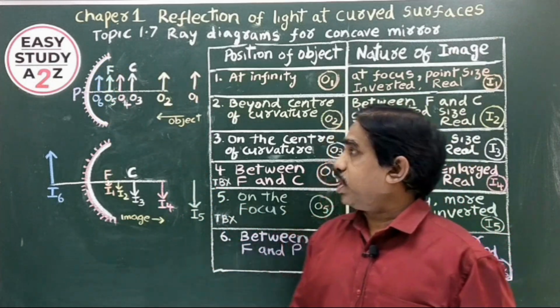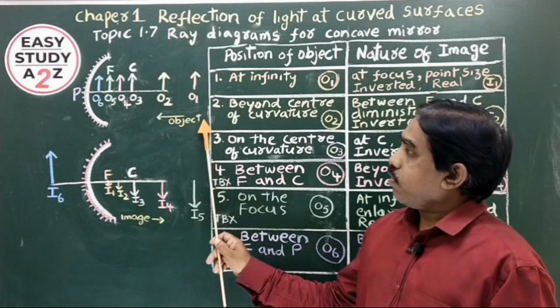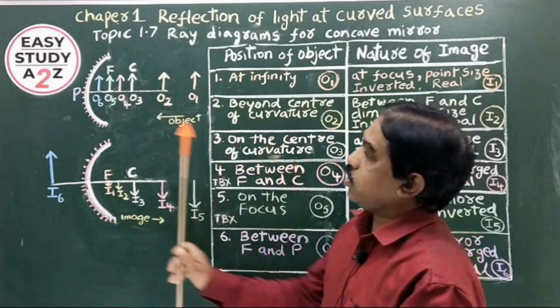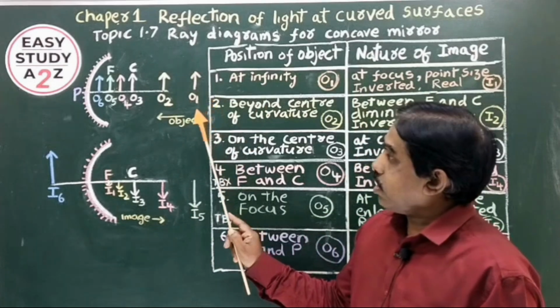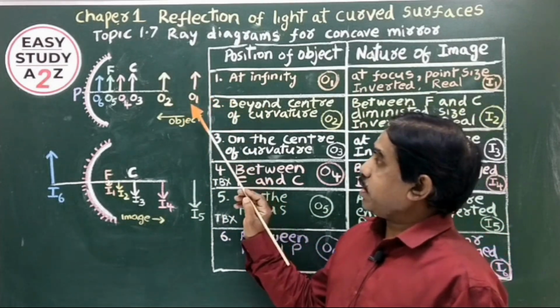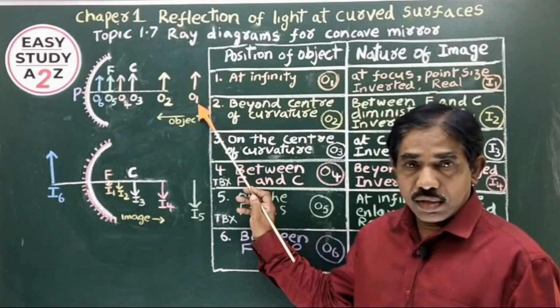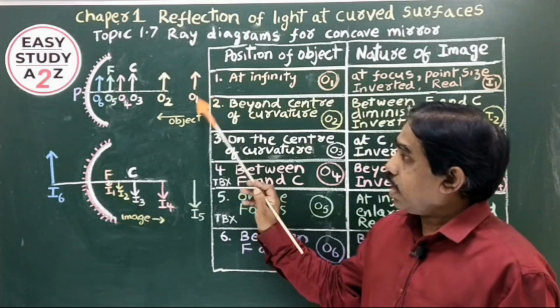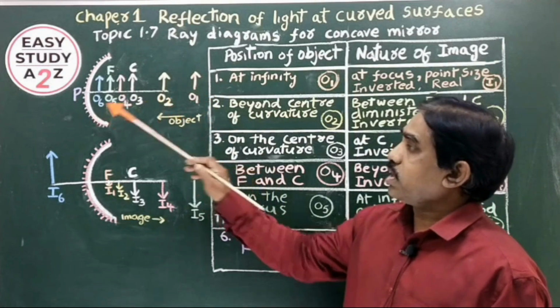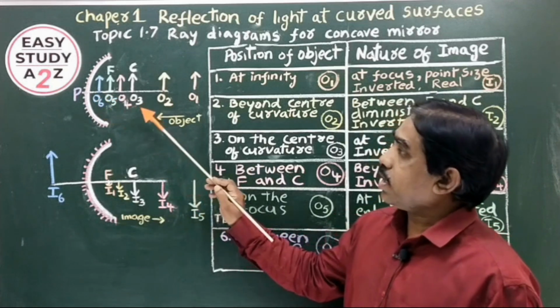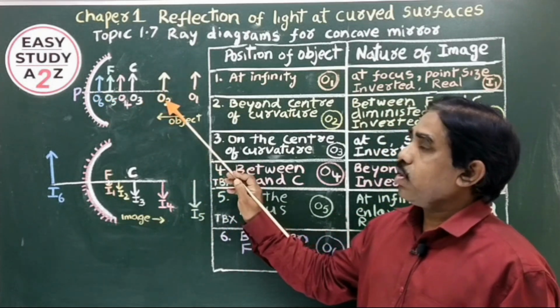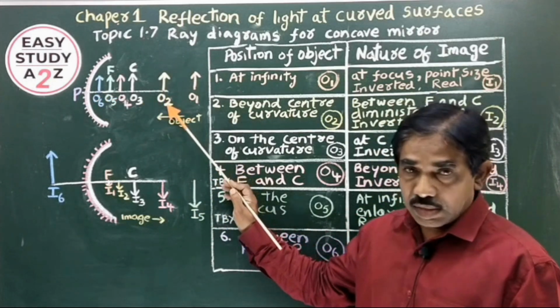For the first position, we move the object from our right side to left side. We place the object at infinity the first time, then we move towards the concave mirror, that is beyond C. At beyond C we keep the object, this is the second position.